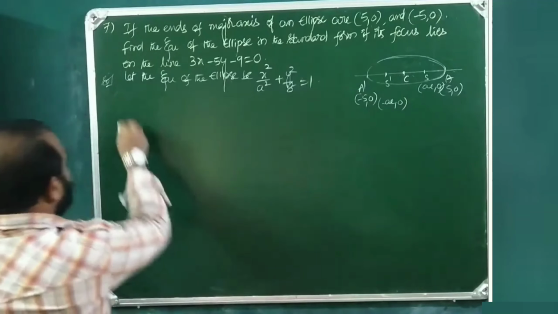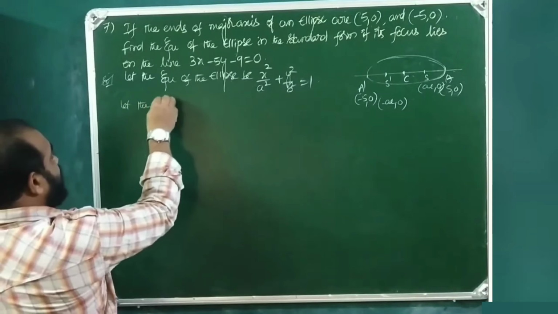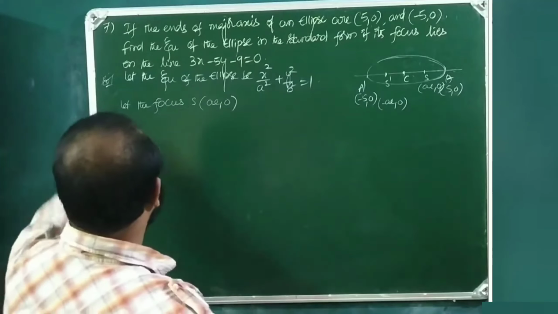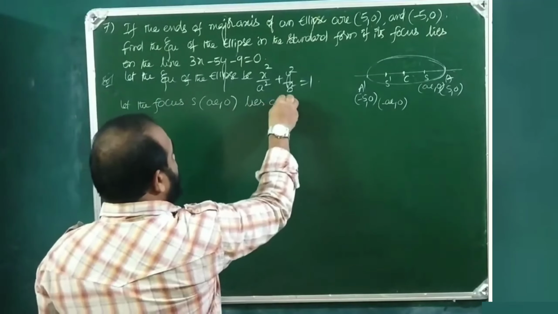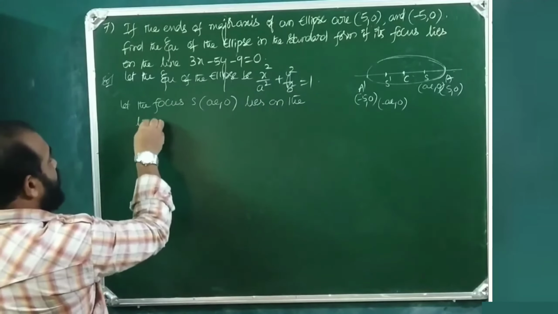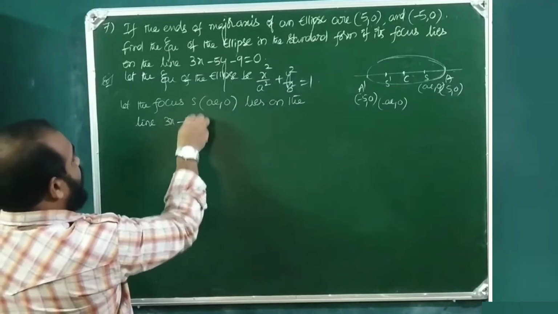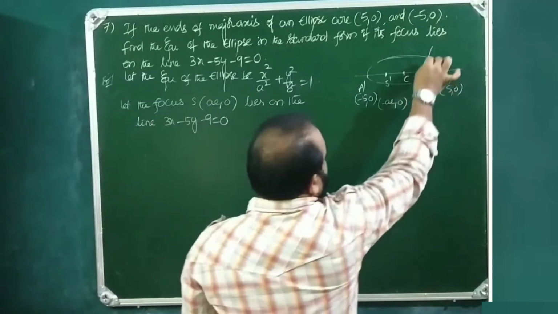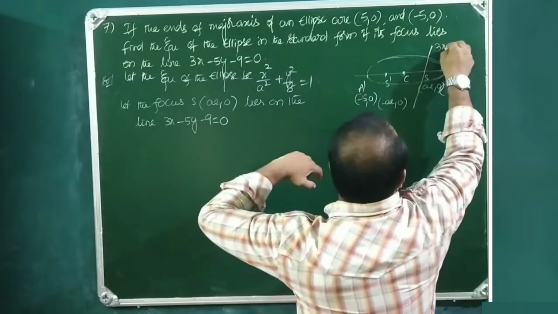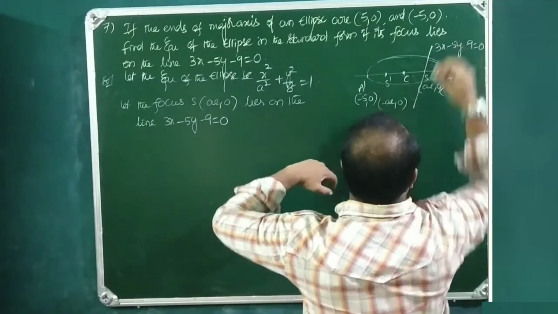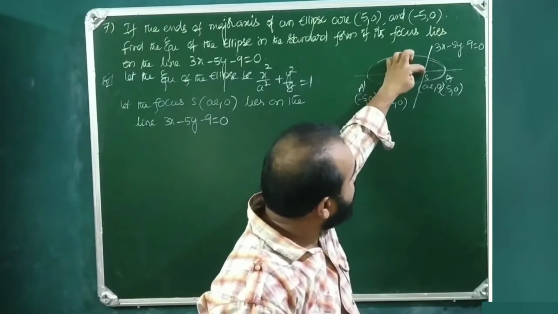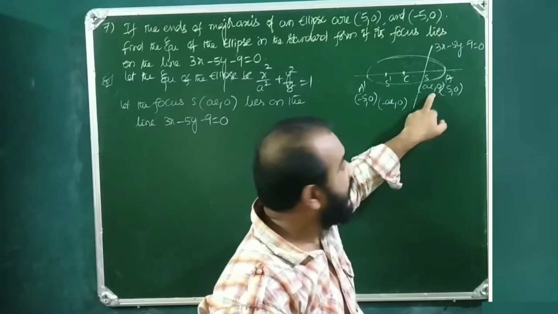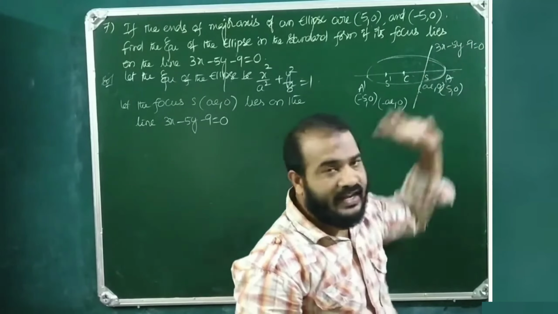So let the focus S (ae, 0) lie on the line 3x minus 5y minus 9 equals 0. Since the focus S lies on this line, (ae, 0) must satisfy the equation of this line.